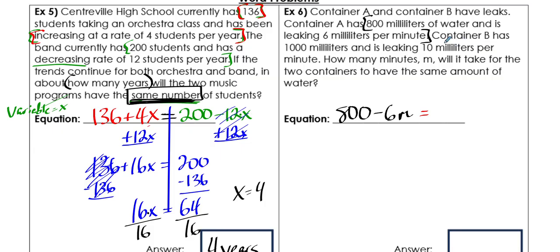Sorry, I'm kind of jumping ahead of this. Container B has 1,000 milliliters and it's leaking 10 milliliters per minute. How many minutes, m, will it take for the two containers to have the same amount? Again, we're looking for when is this container going to be equal to that second container. That one starts out as 1,000, and it's going down by 10 milliliters per minute.